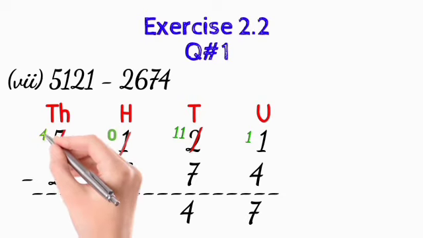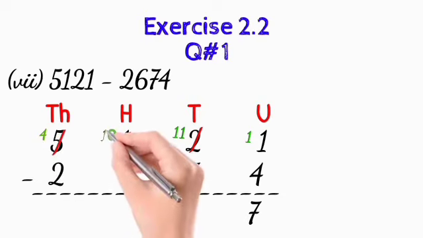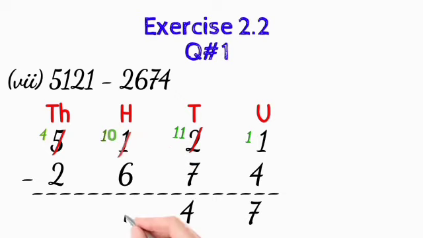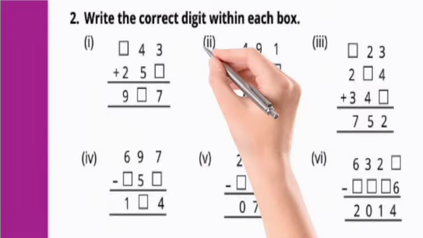So we borrow 1000 from 5000. 4 left there and 1000 means 10 hundreds. So 10 minus 6 is 4. Write 4 in hundred place. Now in 1000 place, 4 minus 2 is 2. Hence 5121 minus 2674 is 2447.